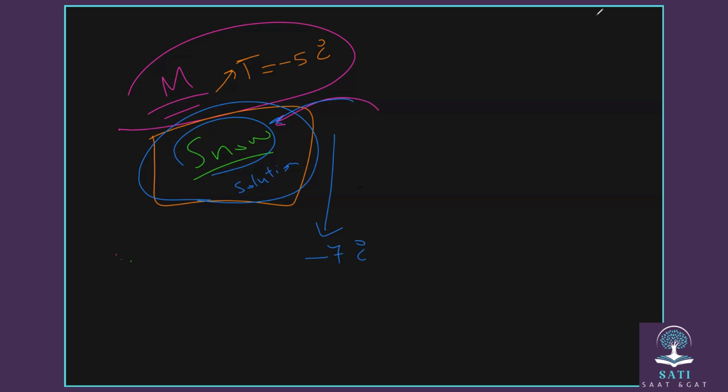When the snow's freezing point decreases to -7, what does that mean? That means the snow needs a weather of -7 in order to remain as ice, as solid. It needs -7 Celsius around it. But in the city, there is only -5.